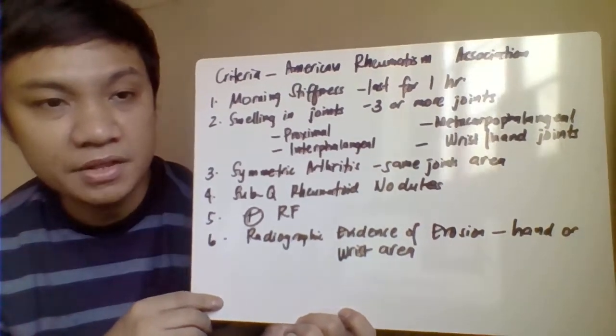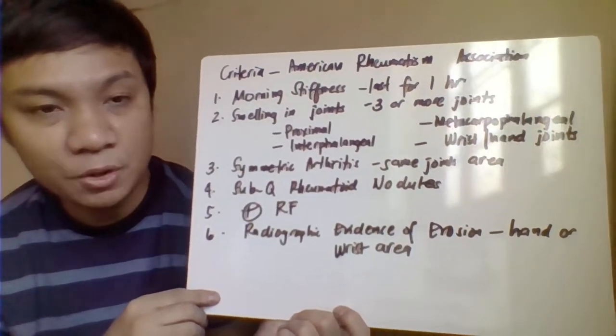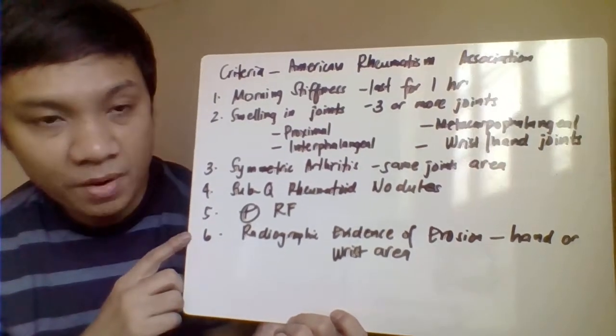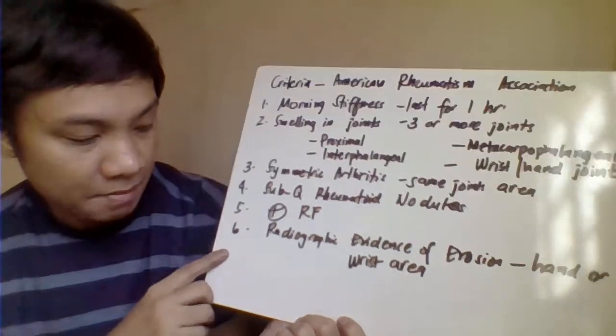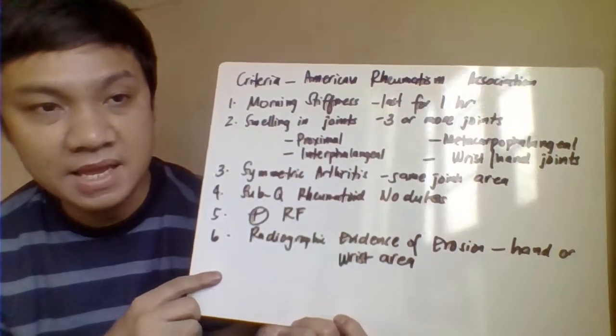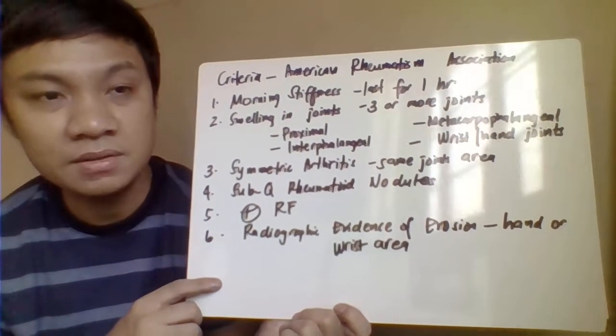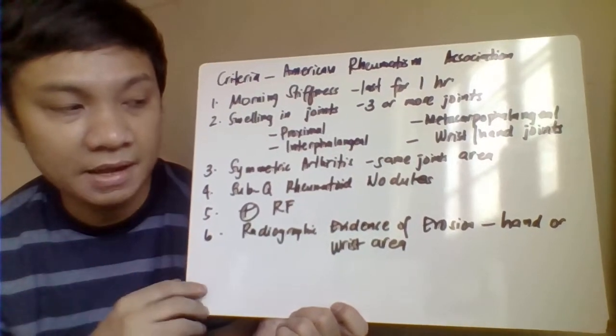Number 4, subcutaneous rheumatoid nodules. And the fifth one, we have here the positive rheumatoid factor. And number 6 should have the X-ray evidence of erosion in your joints area.